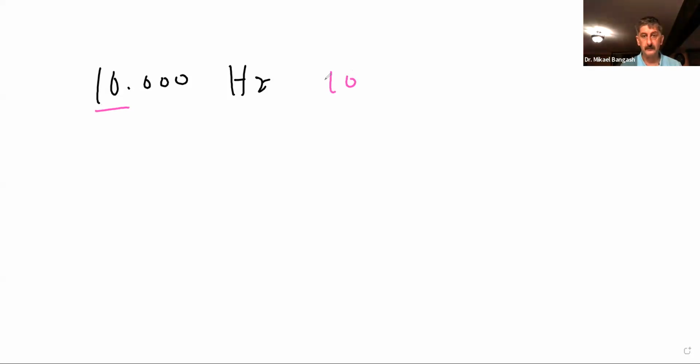The 1,000 here can either be expressed like this, or you can write it as k, and then hertz just becomes hertz. So 10,000 hertz is going to be 10 multiplied by 10 raised to the power 3 hertz, or you can say 10 kilohertz.